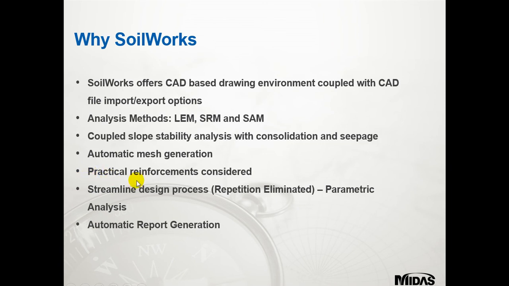Practical reinforcements such as nails, anchors, piles and geogrids and things of that nature can be considered, and you can select them from drop-down menus very quickly and efficiently. The parametric and coupled analysis features streamline your design process and increase efficiency. And the dynamic report generation is in Word format and is inclusive of the analysis results tables and images, which make it very easy for you to move on with your design process.